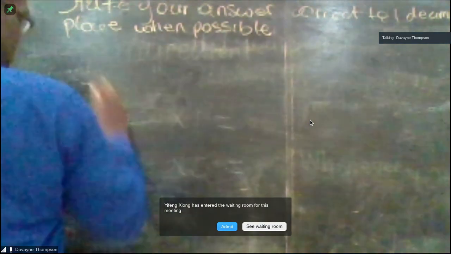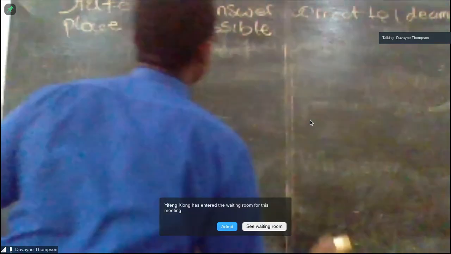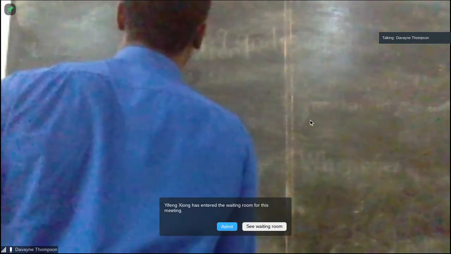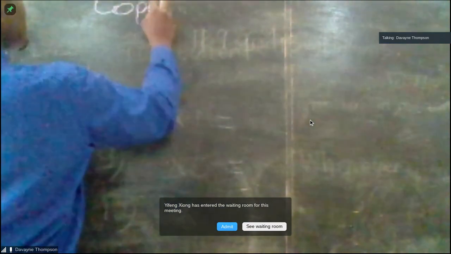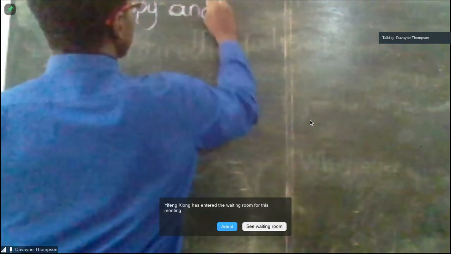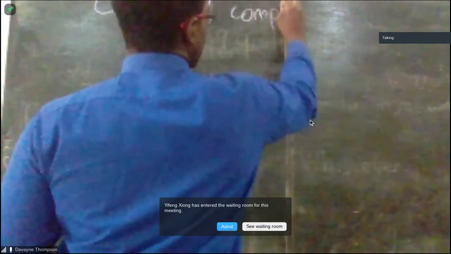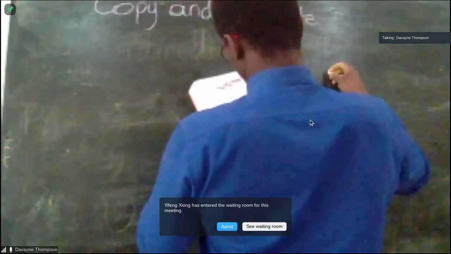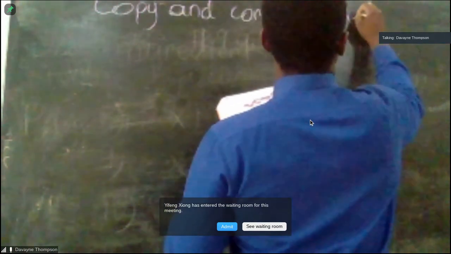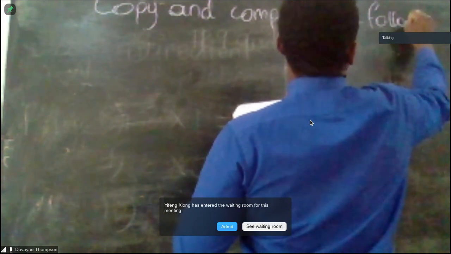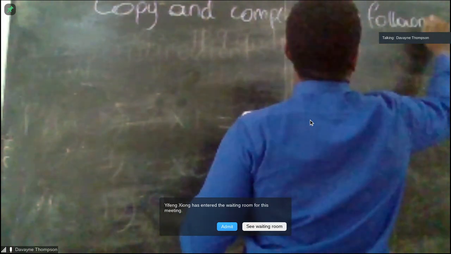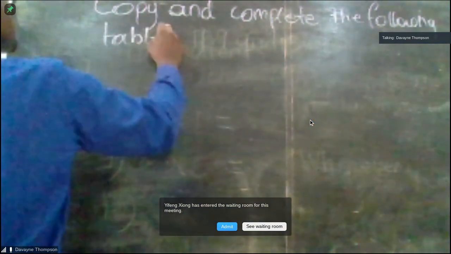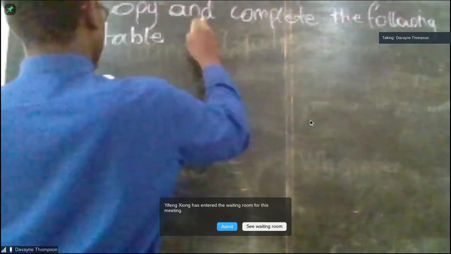It says, so this was the previous instruction, but here's the instruction now for this table. For this table, it says, copy and complete the following table for the different rectangles.